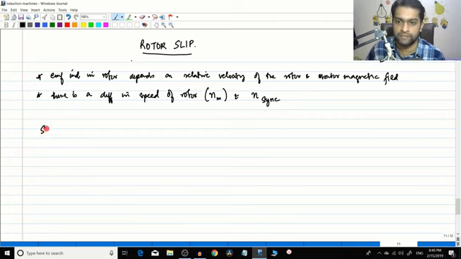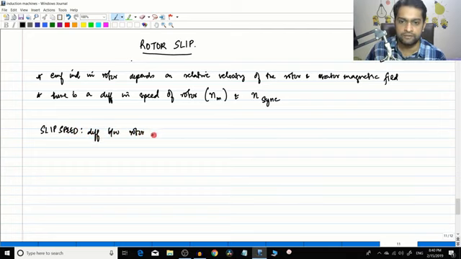The definition of slip speed is the difference between the synchronous speed and the rotor speed.